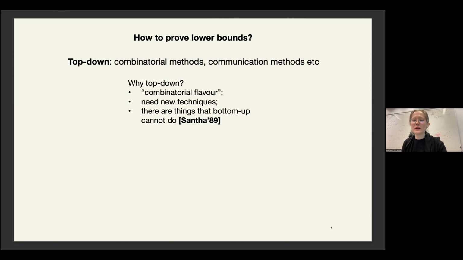It's that we really, really need some new techniques in circuit complexity. We have these two very powerful tools, random restrictions and polynomial approximation, and they already gave some really nice results in terms of circuit lower bounds.